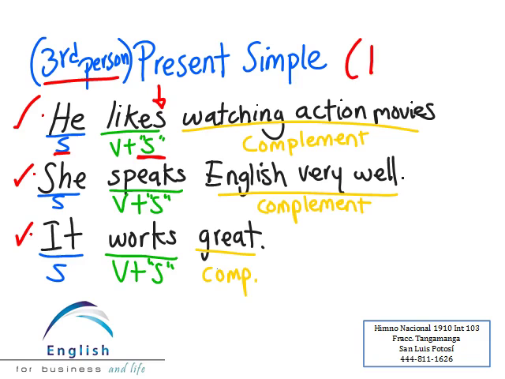Only when we say yes, when we are saying that something is true, do we use the S for he, she, it. Like, likes. Speak, speaks. Work, works. And then we have our complement. Remember that a complement is what completes our idea.